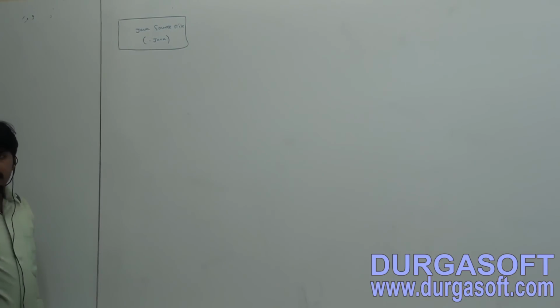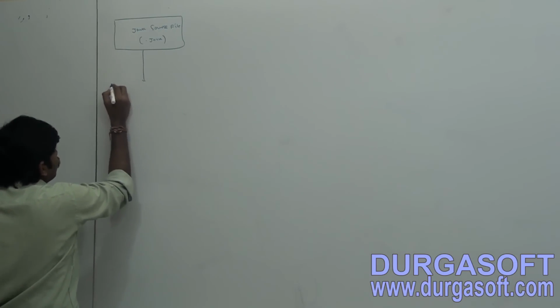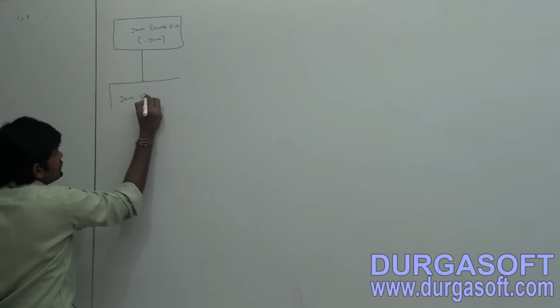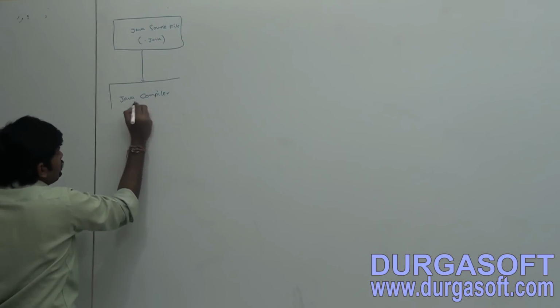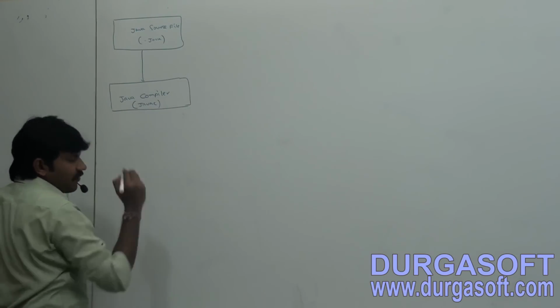Correct or not? This .java file, what is my compiler going to do with it? If I give it to the Java compiler, of course with the javac command, correct or not? javac.